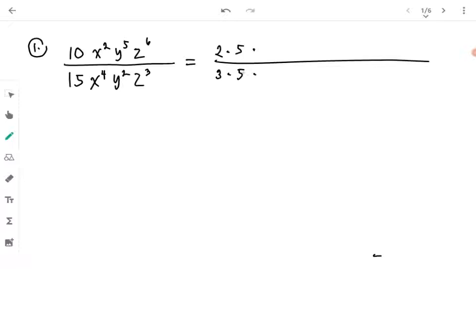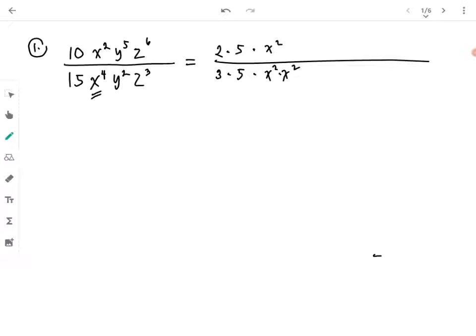Then x squared with respect to x raised to 4, we can split x raised to 4 as x squared times x squared.